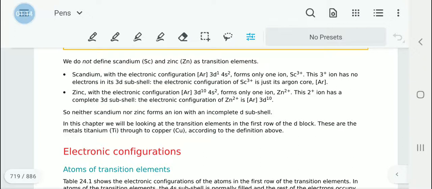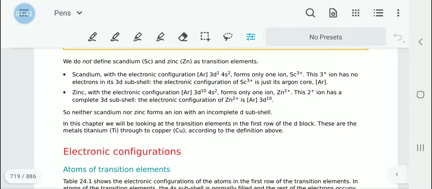Scandium and zinc are not classified as transition elements. Scandium only forms one ion, Sc3+, and it doesn't have any electrons in the 3d subshell.